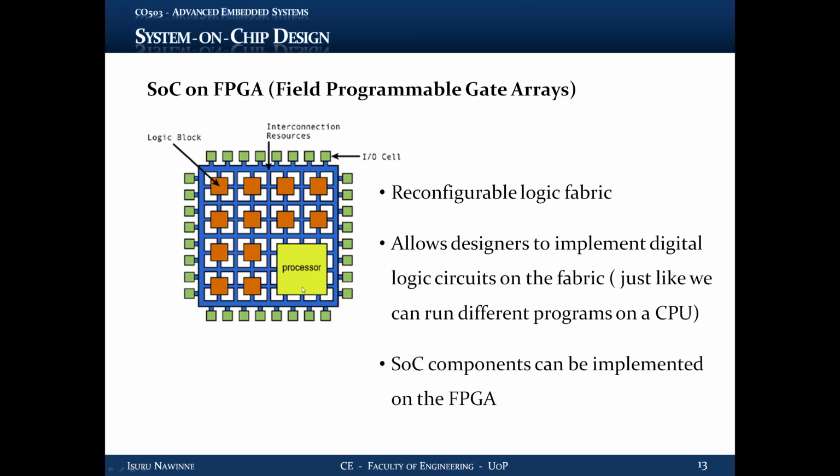So the CPU allows you to run software programs on it, and the FPGA still allows the flexibility and configurability to have different elements along with the processor to act as a SoC, a system on chip. Still giving you that flexibility to prototype, flexibility to upgrade, and all sorts of additional benefits coming with FPGA.